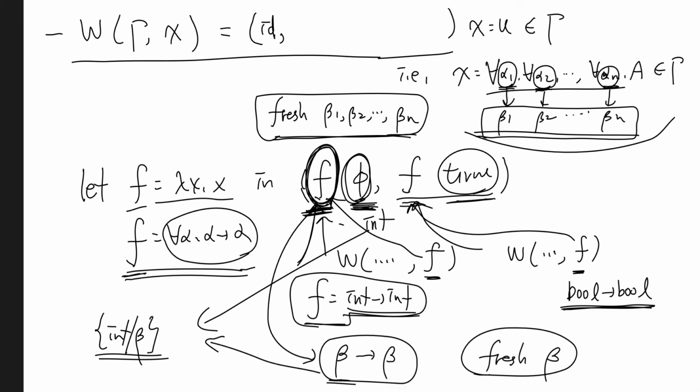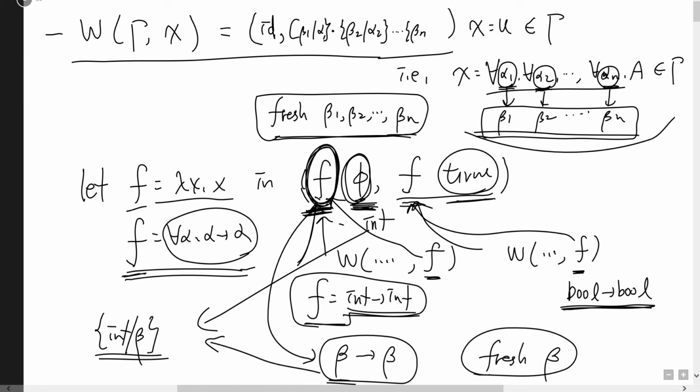And the resultant type is use beta 1 for alpha 1 and use beta 2 for alpha 2 and use beta n for alpha n in type A.